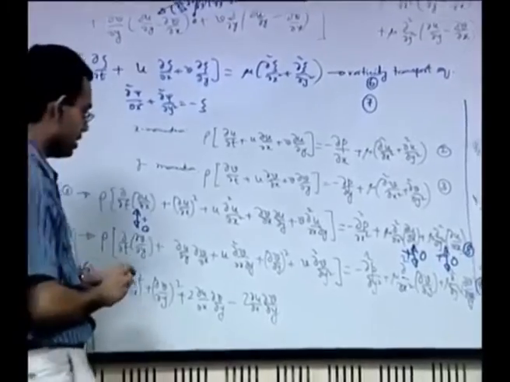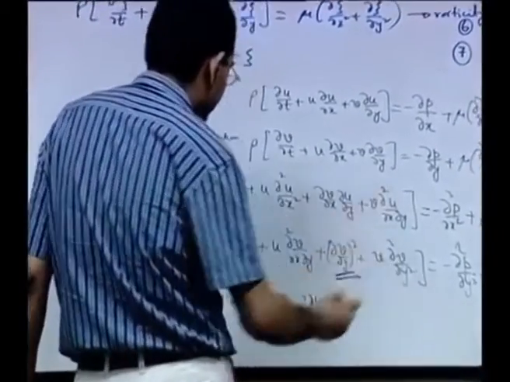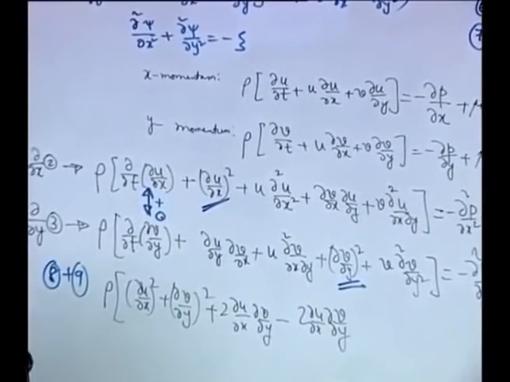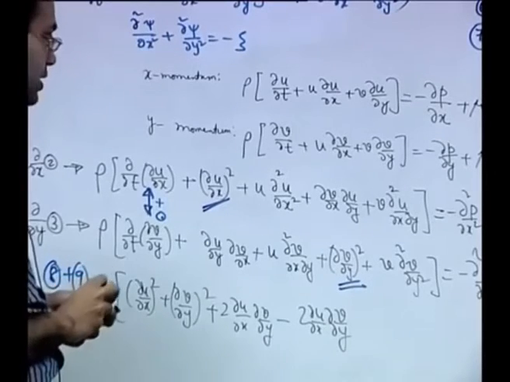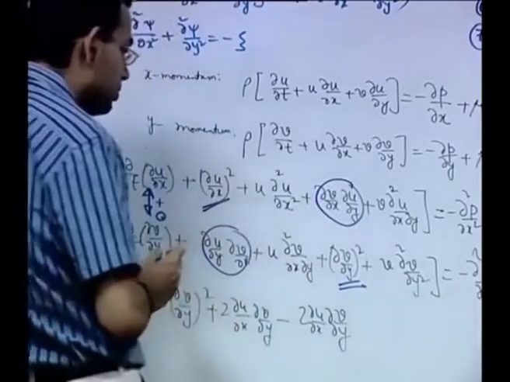So, that means you have considered this term and this term. Then you have 2 del u del y del v del x from these two terms.